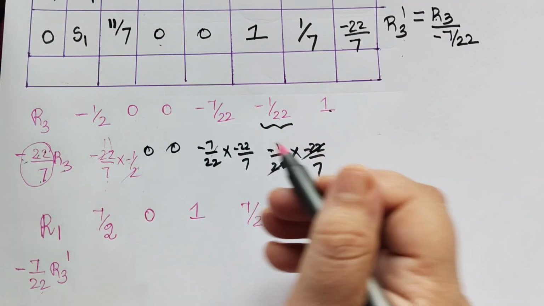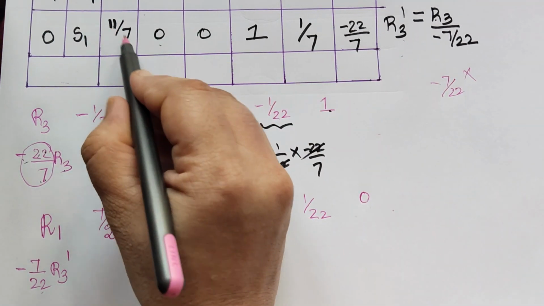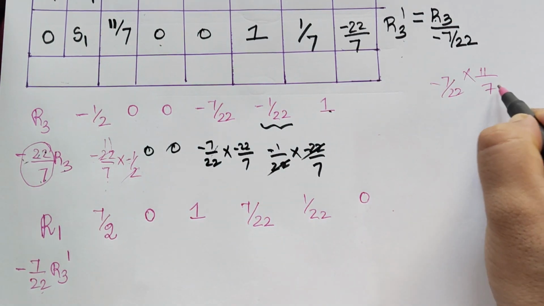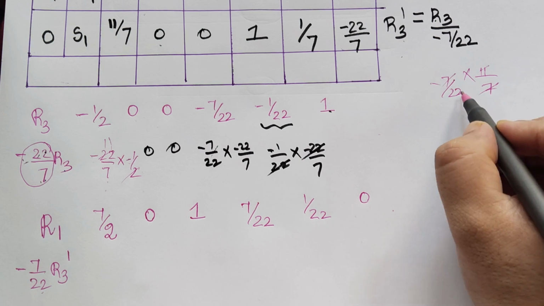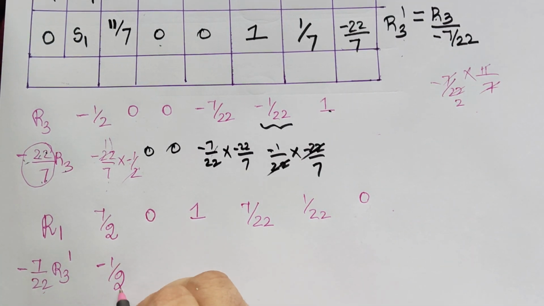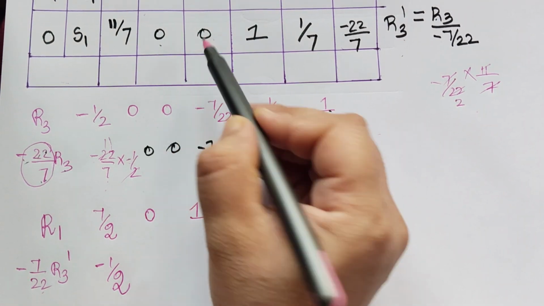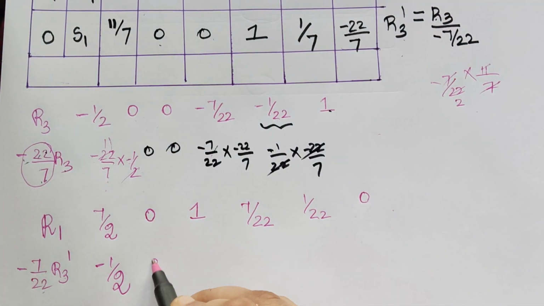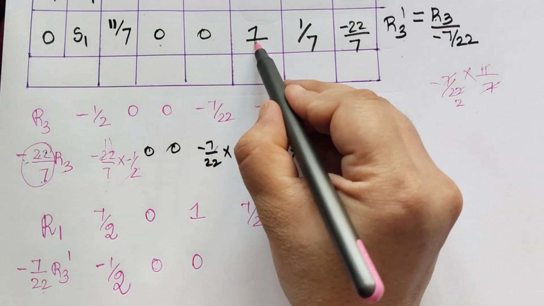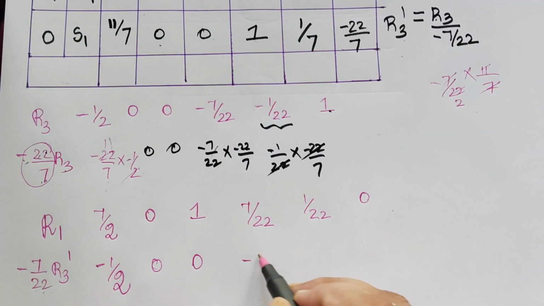Minus 7 by 22 multiplied with 11 by 7. The 7s will get cancelled. 11 1 times, 11 2 times. So it will be minus 1 by 2. After that, here both are 0, so 0 multiplied with this will be 0 only. Now 1 you have here. 1 multiplied with minus 7 by 22 will be minus 7 by 22.